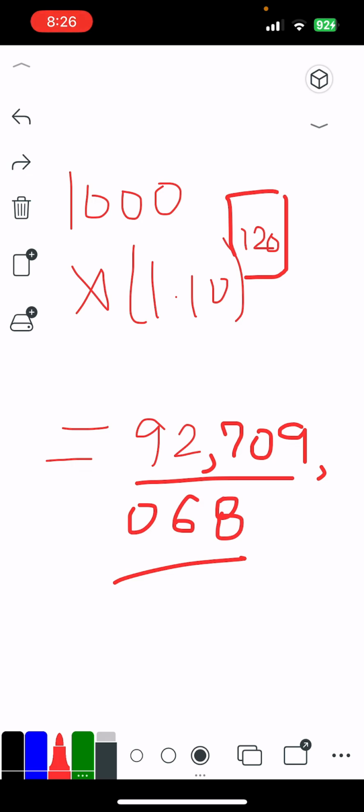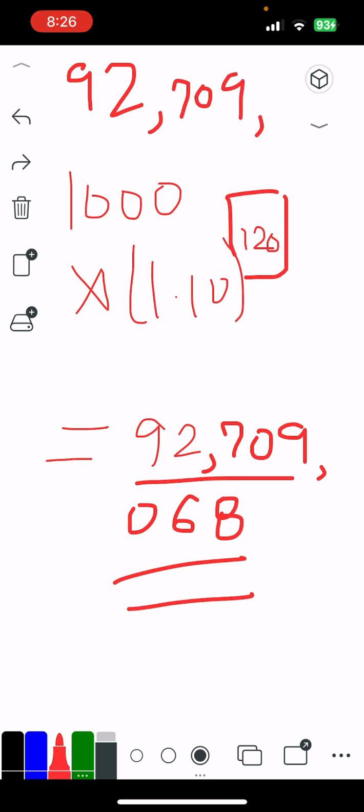Now, you can also go the other way around and try to figure out your principal. Let's say you know that your withdrawal amount will be $92,709,068.